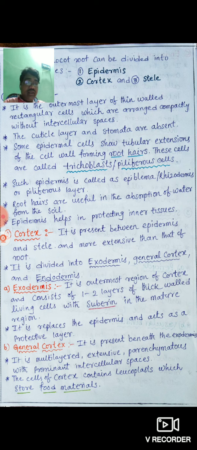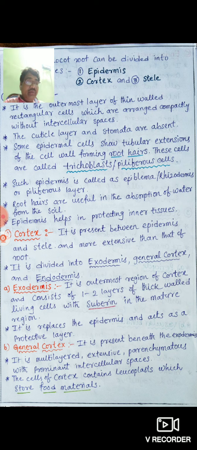So next, the second region in the monocot root, cortex. The cortex is present between the epidermis and the stelar region and is more extensive than that of the dicot root.